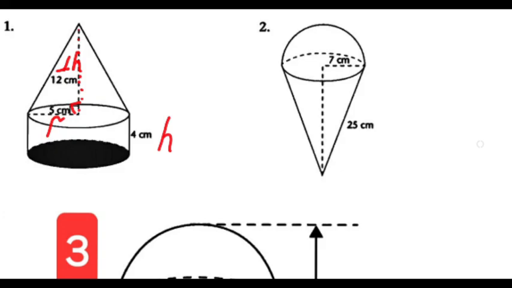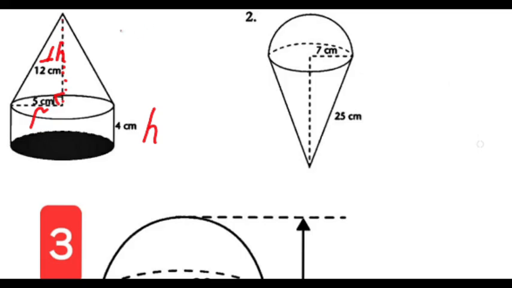Must remember, surface area is outside the shape. Think of it as the amount of wrapping paper needed to cover the entire object. Volume is inside the shape. Think of it as how much water a box can hold. So we need to find the total volume. So we're going to use the sum of the cylinder volume and the cone's volume, and that will be the answer.